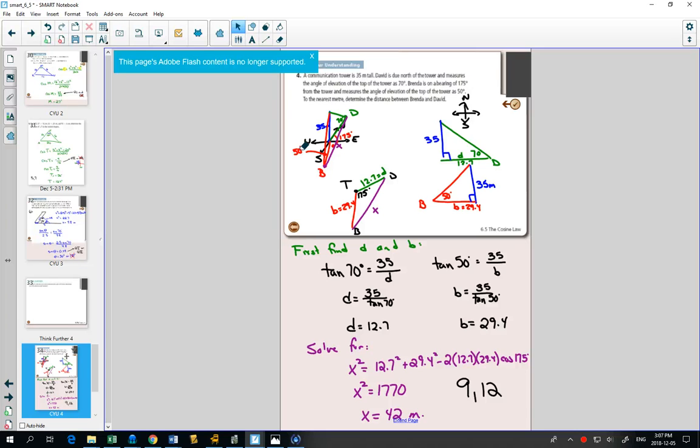Okay, there's the triangle where we're solving for x, which is the distance between them, but we didn't have enough information in that triangle, so we had to use the green and blue and the red and blue triangles to find some information first. Once we found little d and little b, we had enough information with the purple triangle to solve for x. And there we had it. It's not so bad. That's the drawing part. That first part's the hardest part.